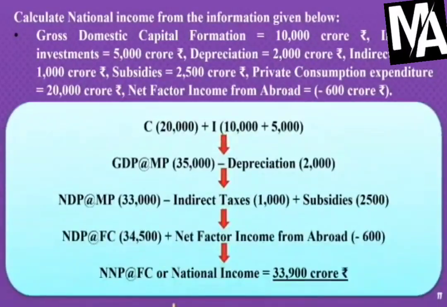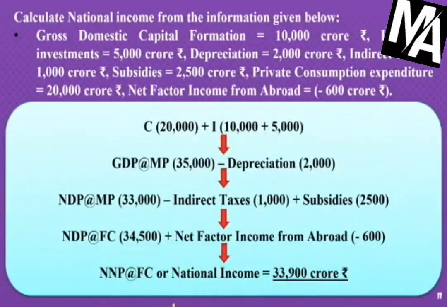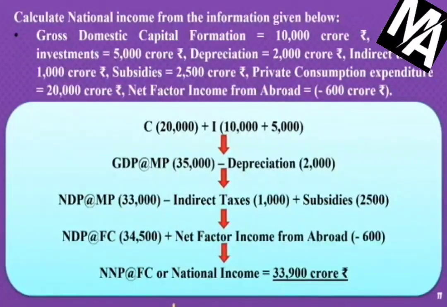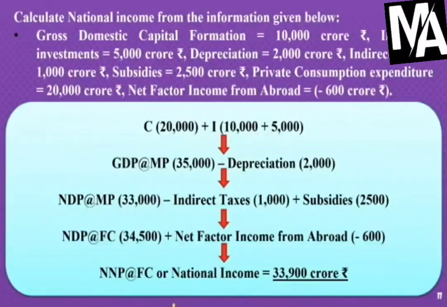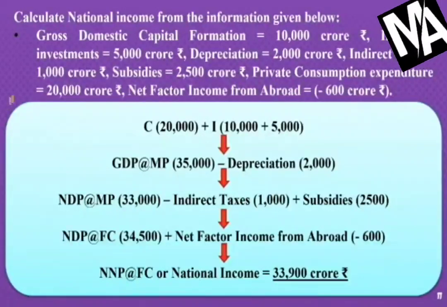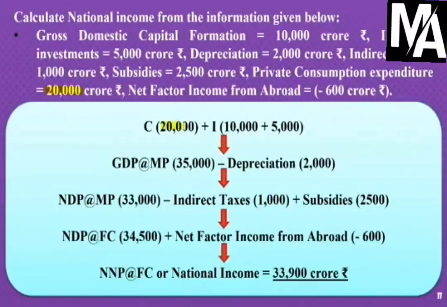As we have the solution before us, we will go step by step. The first thing is we have to identify C plus I plus G plus X minus M. So C is private consumption expenditure at 20,000 crore rupees. That is what I'm going to write here.